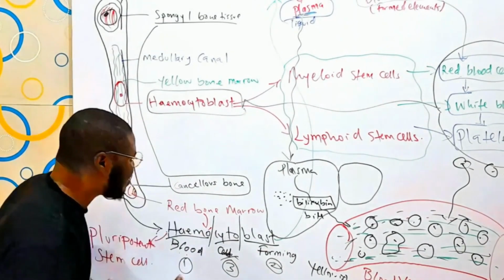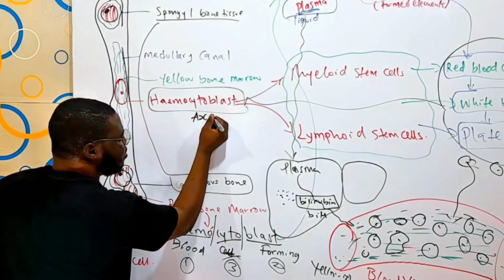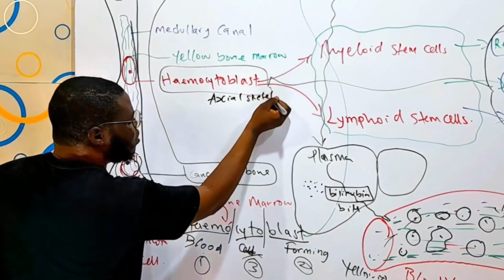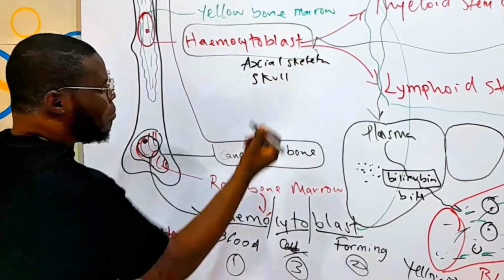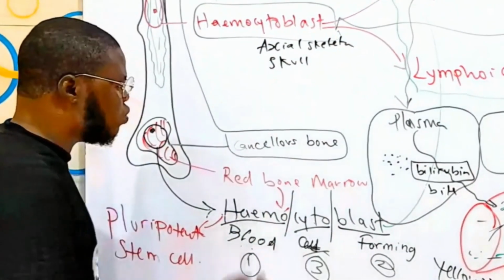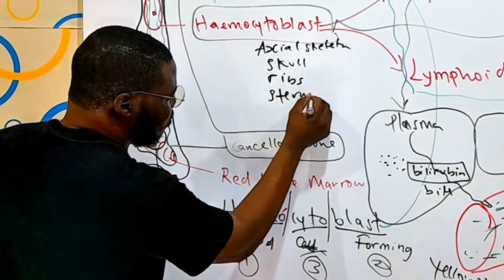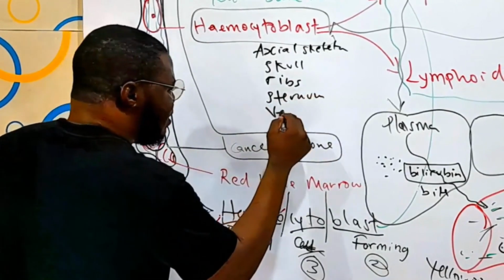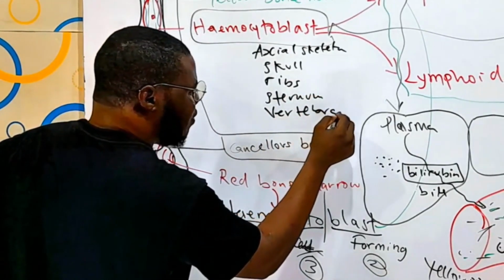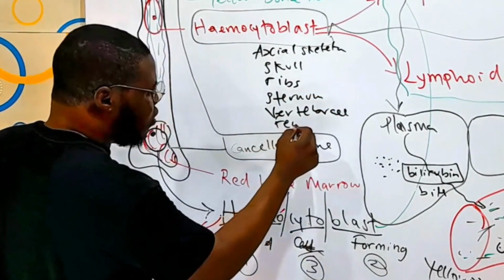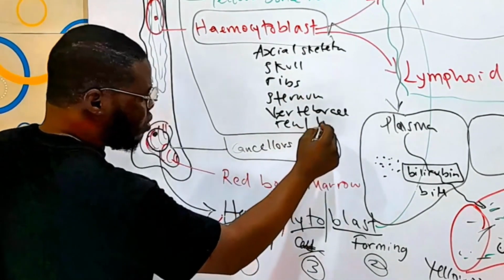The exoskeleton includes the skull. It means the skull can perform the function of hemopoiesis as well. So, things like the ribs, the sternum itself, the vertebra, and then your femur, all your long bones and short bones.